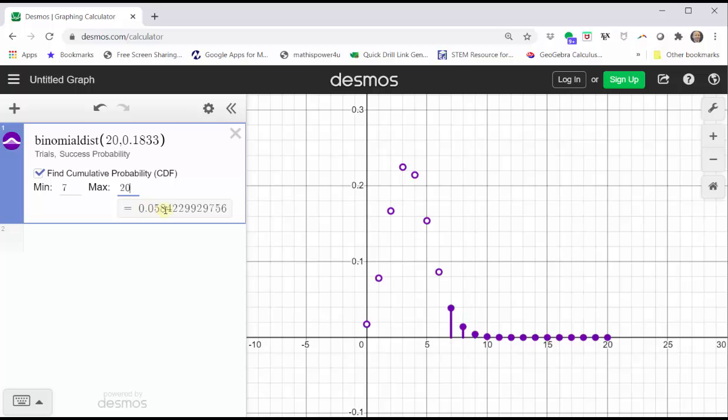If we take a look at the graph, the closed points and vertical line segments represent the successful outcomes of having 7, 8, 9, 10, and so on, all the way out to 20 women dying out of the 20 selected. It seems odd to refer to the percent dying as a success, but in this case, that's what it would be. Let's go ahead and record this.